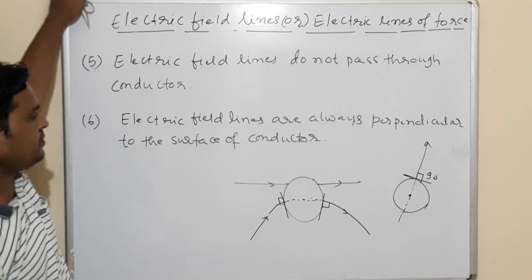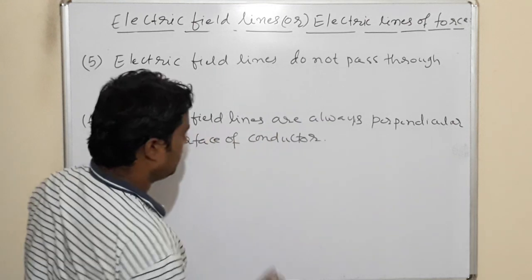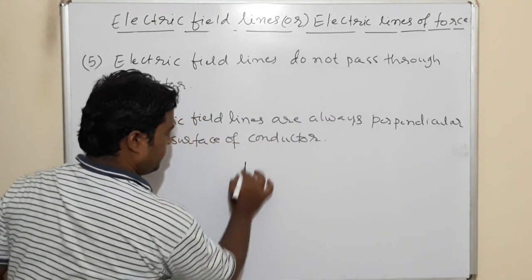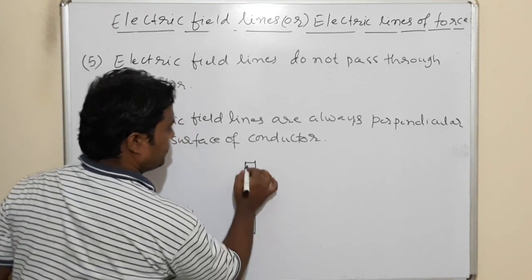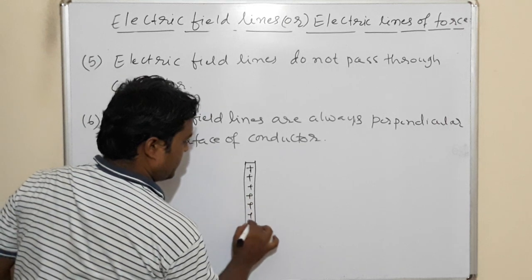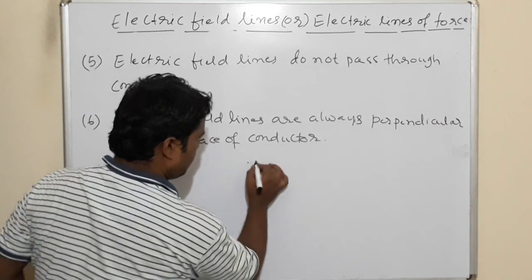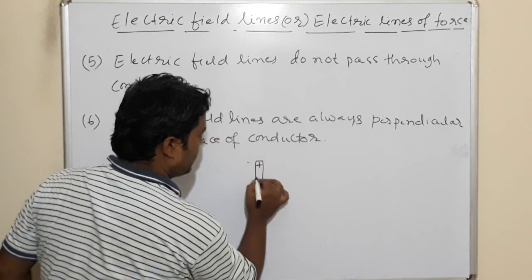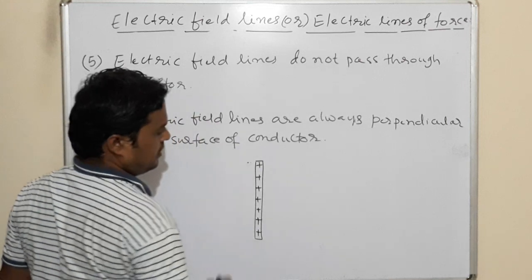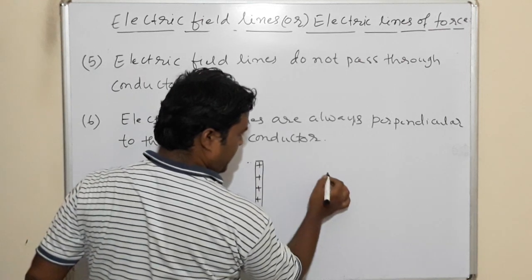Okay? See, if I imagine like this, suppose that here I place a positive charge. Plus, like this. This is a positive charge. We know that electric field lines will go away from this.